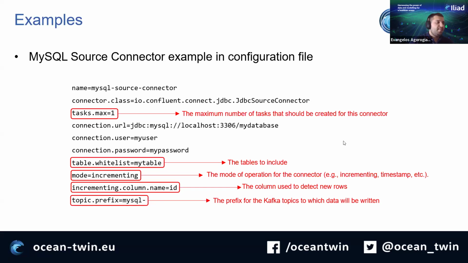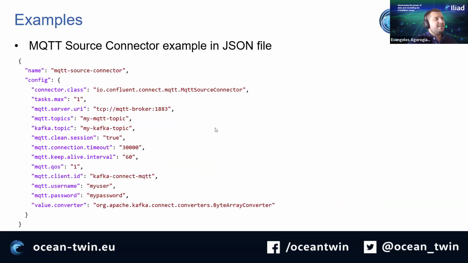Also, we have another type of configuration. We have JSON files. Here we have an example of an MQTT source connector in JSON file format.